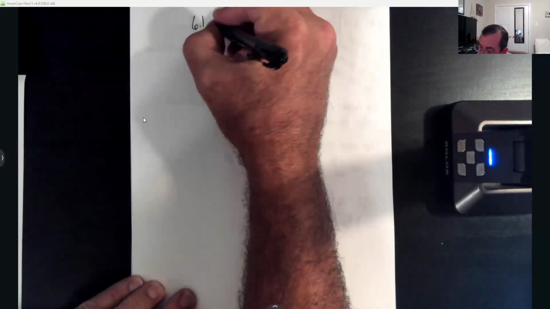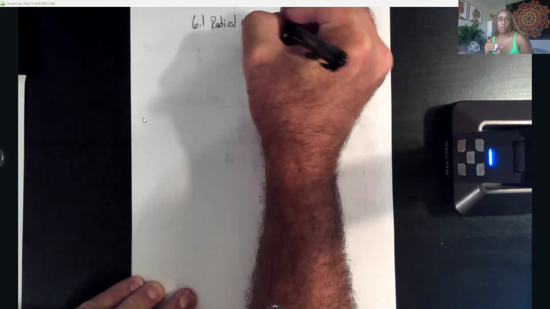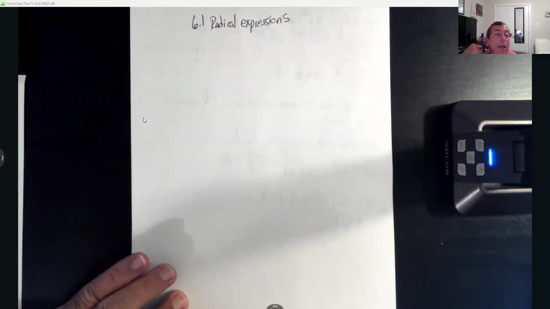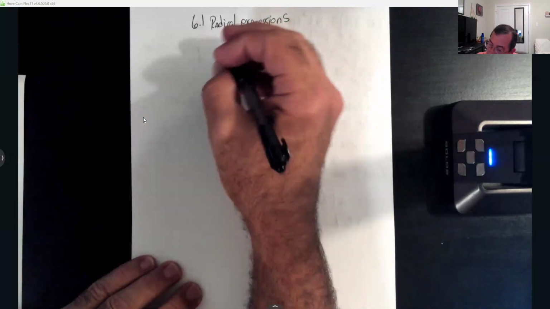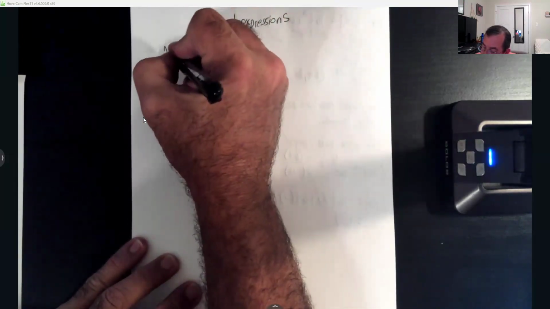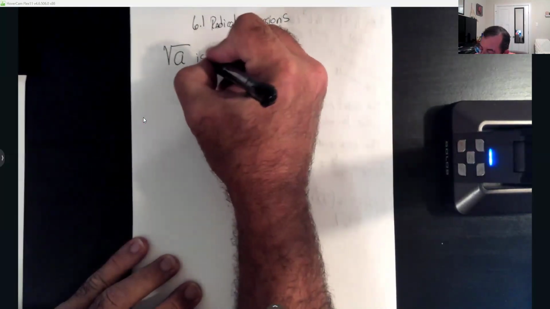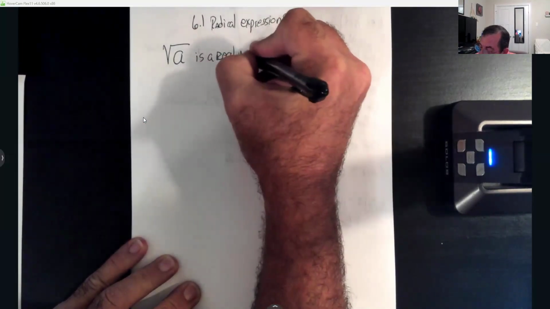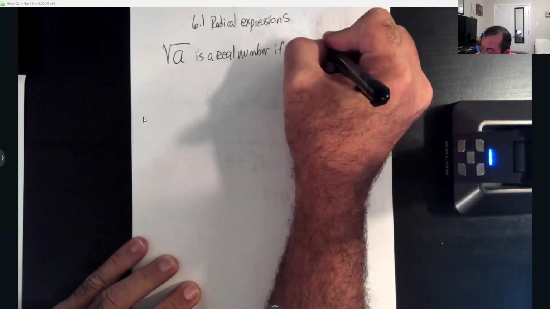All right, y'all, 6.1 deals with radical expressions. We're just going to look at finding the domain of a radical expression, and then show you how to graph them on the calculator. So the thing about these, taking the square root of a gives a real number if the a is greater than or equal to 0.